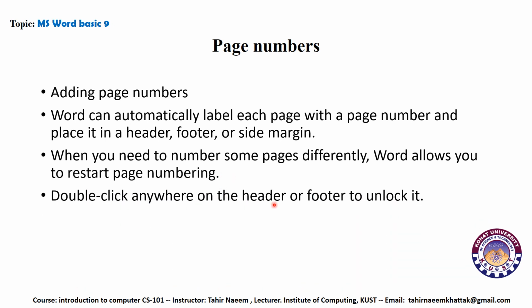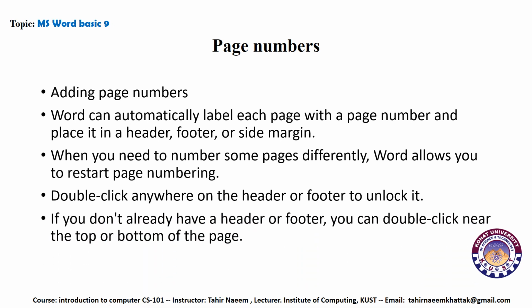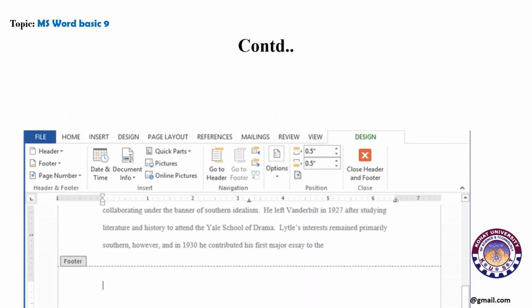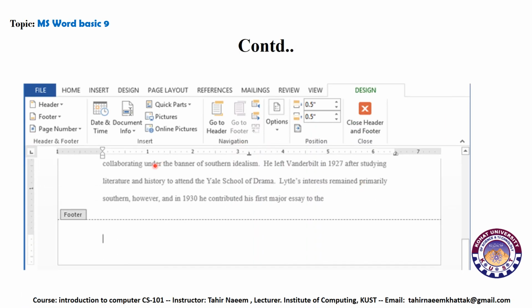So here we will click on the header and footer. To unlock the header and footer, double click on it. So basically it opens up and the design tab will appear. Here you can see that we have clicked on the footer at the bottom of the page.